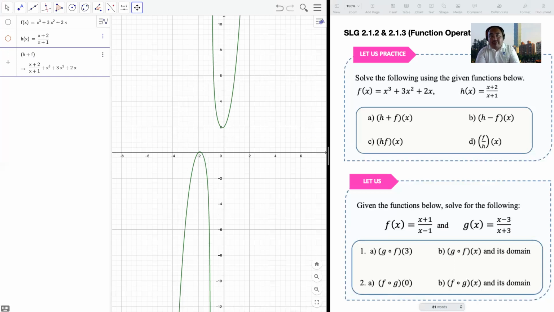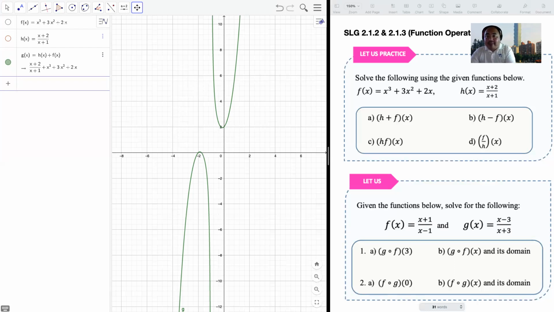You don't need to write of x, because GeoGebra understands that h is a function and f is a function, and you are adding. And so you will see there the graph of h of x plus f of x, and the expression as well.